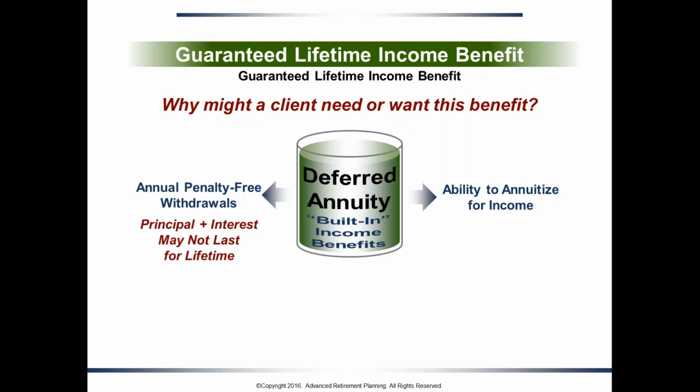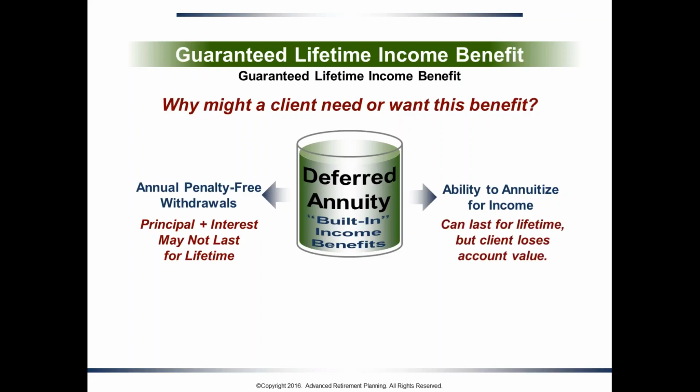So, penalty-free withdrawals. Why might a client want to use a GLIB for income instead of making penalty-free withdrawals? The answer is pretty obvious: their principal plus any interest earnings may not last for their lifetime. The answer to that in a standard deferred annuity was always, well, yeah, but we can annuitize it.